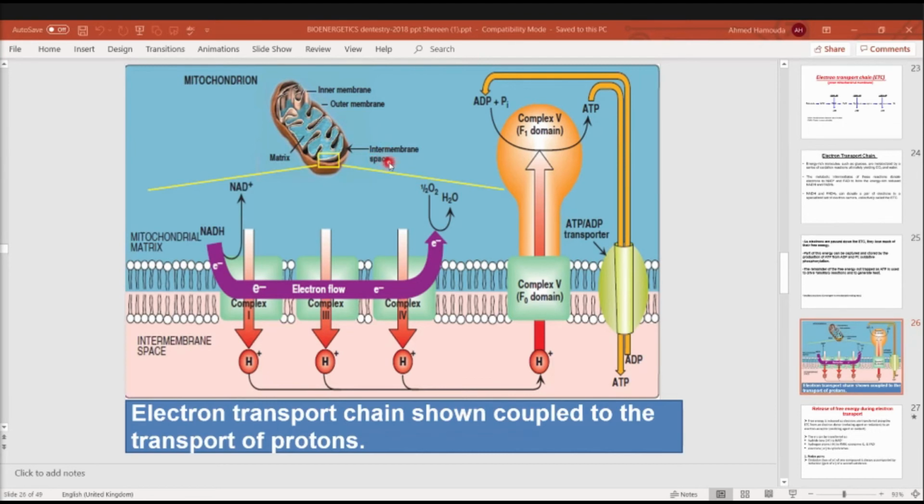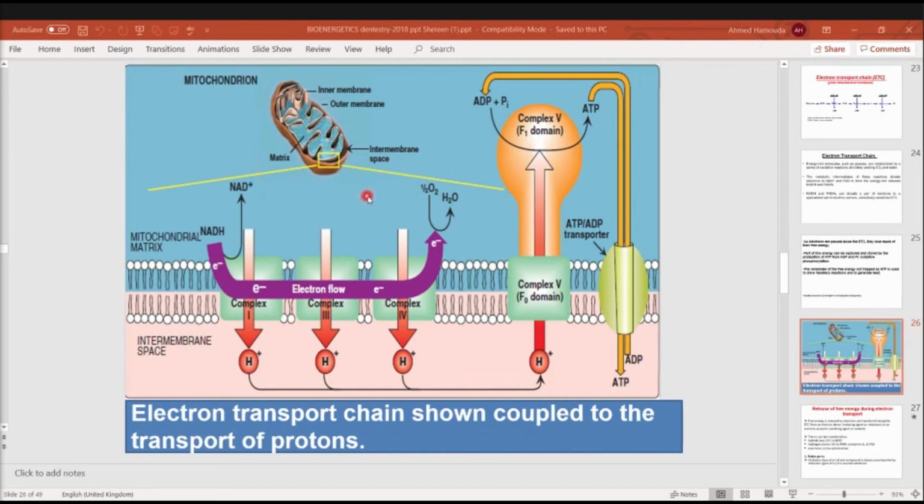If someone asks where the electron transport chain occurs, the answer is automatically the mitochondria. This question has been asked before: whether it happens in the mitochondria, cytoplasm, etc. So you should know it's in the mitochondria.